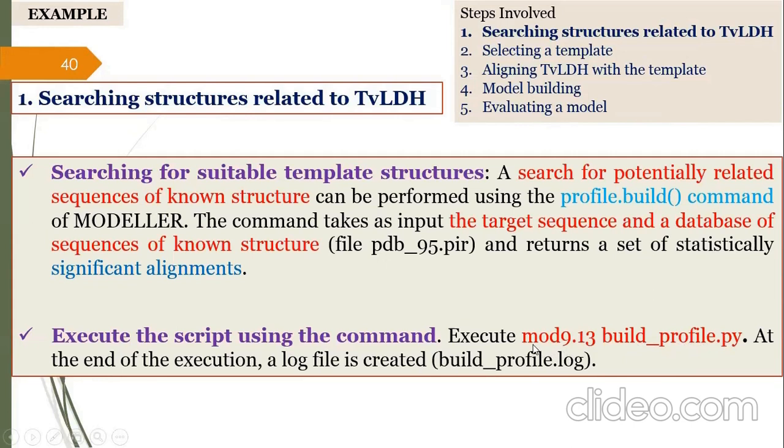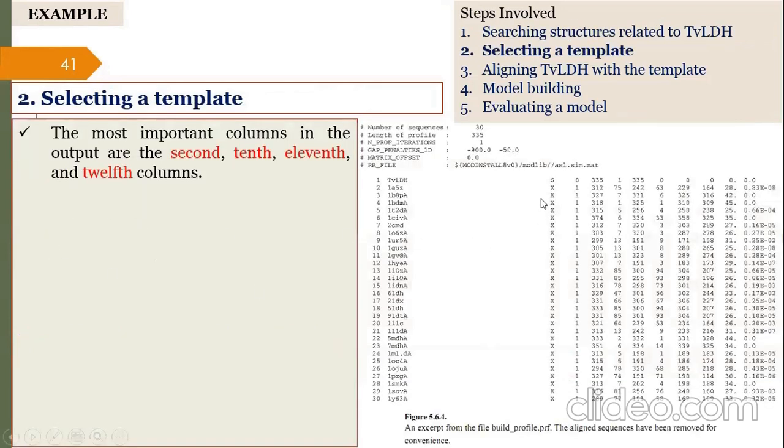So we will add mod9.13, or whatever version of modeler you are using, and after this we will run script1.py. At the end of the execution, a log file will be created with the name script1.log.